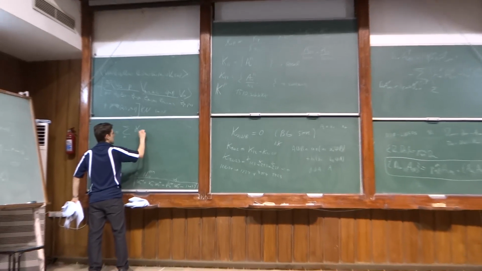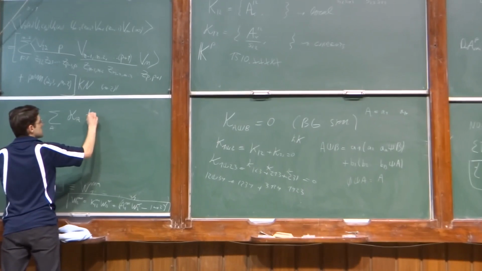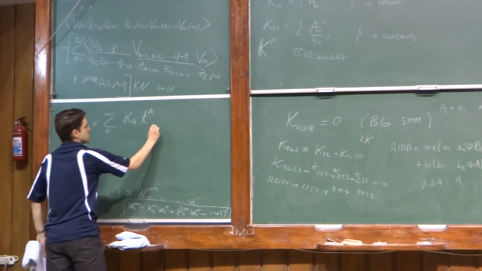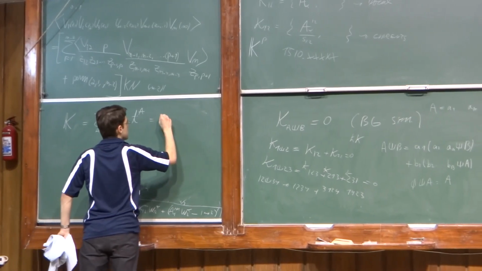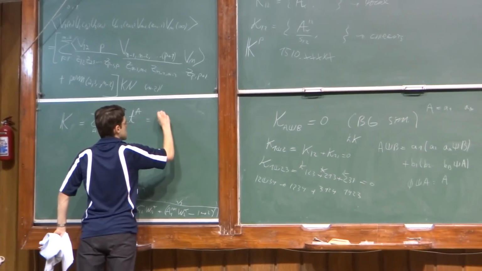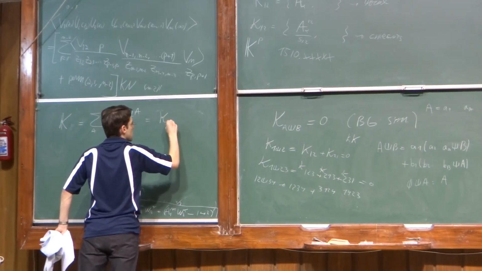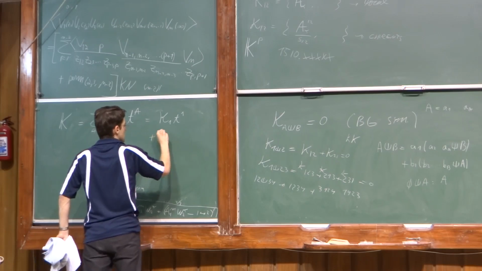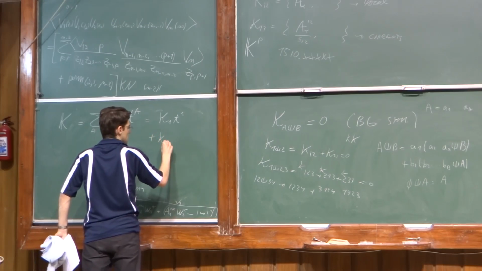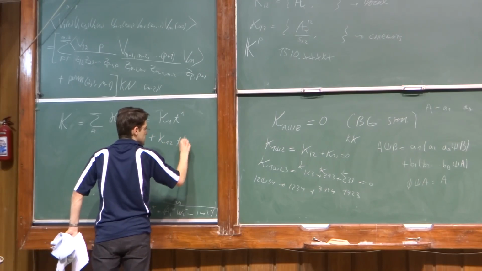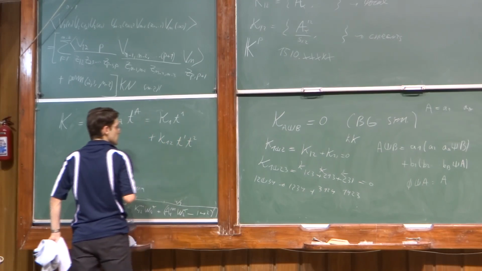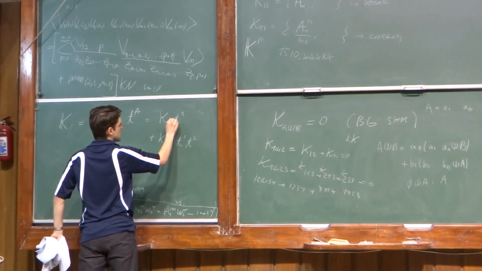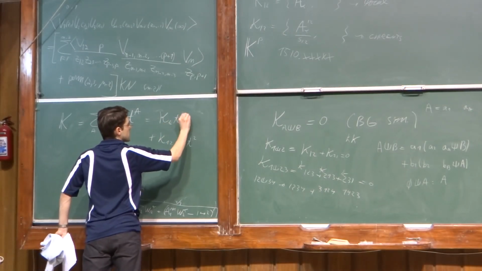It's the curly K and then T_A, where it starts with K1 T1 plus K12 then T1 T2, and actually it should be a free index here.